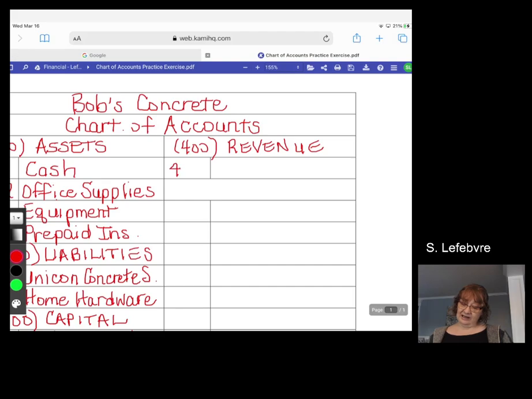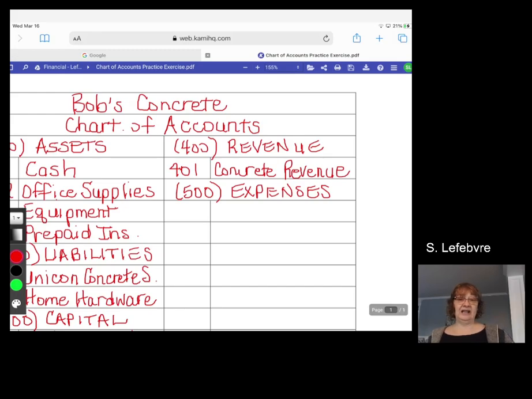So that number would be 401. And they call it concrete revenue. Okay, and because we just have the one revenue account, we'll go to our last classification, which is expenses, which is 500.